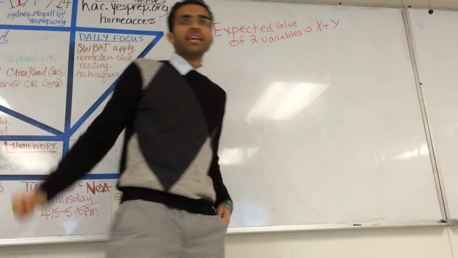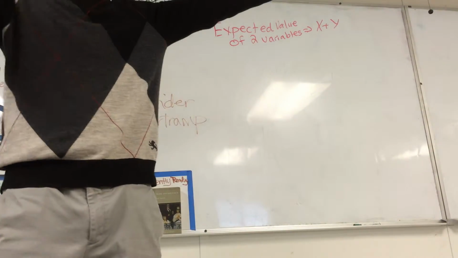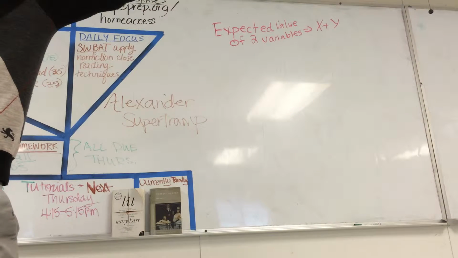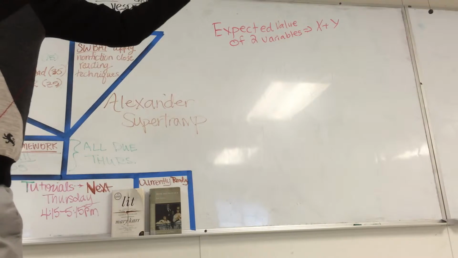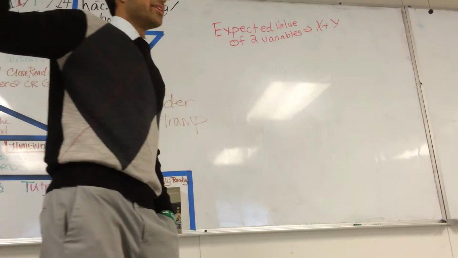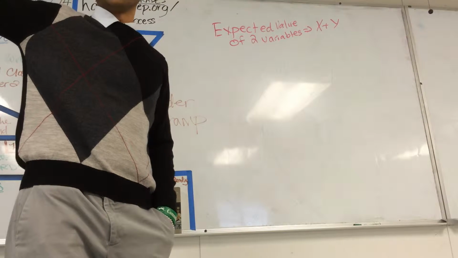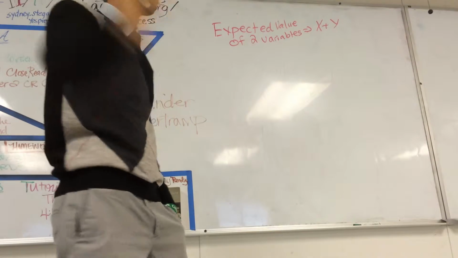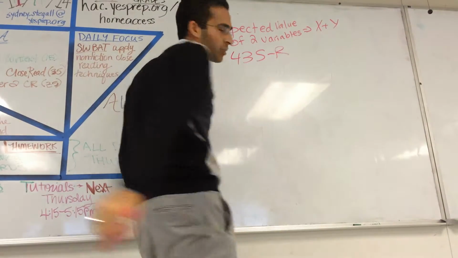Remember how we said if I know the height of the boys on the basketball team was something and the girls is something else, right? We said you could add the expected values to get the total. Or imagine, I think we had a problem that said John went to India and the conversion rate was blah, blah, blah, and he wanted to see if he could buy the bicycle, and it was 43S minus R or something like that.